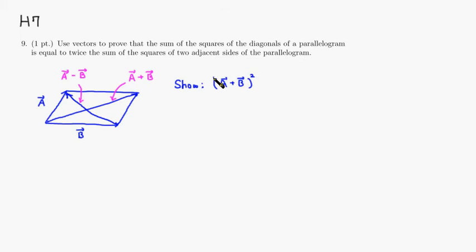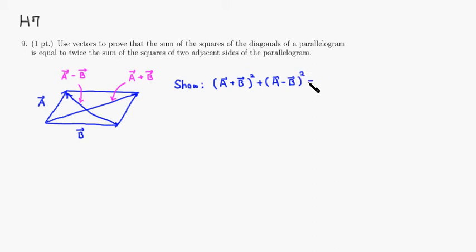You can put the magnitude here, it'd still be the same thing. If you take the dot product with itself, it's going to give you the magnitude squared. So plus the other diagonal, vector A minus vector B, and then we need to square that.